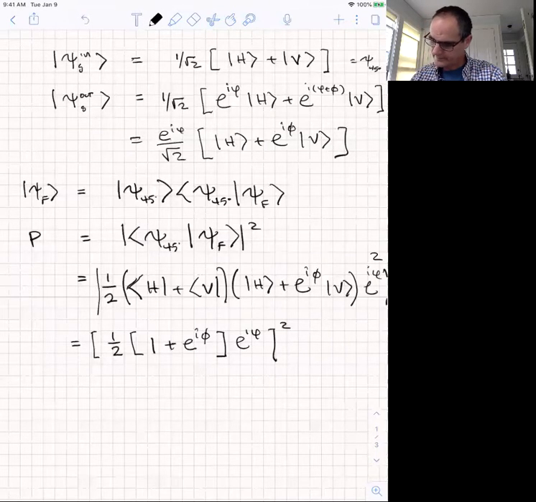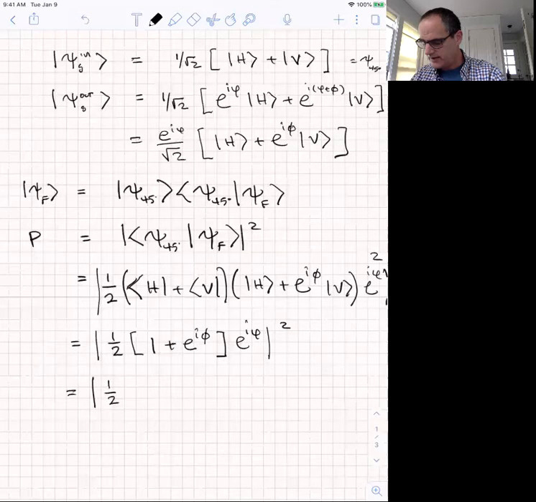Okay? Very good. And just to be clear, this is not just squared, it's absolute value squared. Here, we can bring the e to the i phi factor outside of the absolute value squared, and we would get absolute value squared of that term, which is just 1. And then we have 1 over 2 times this term here.